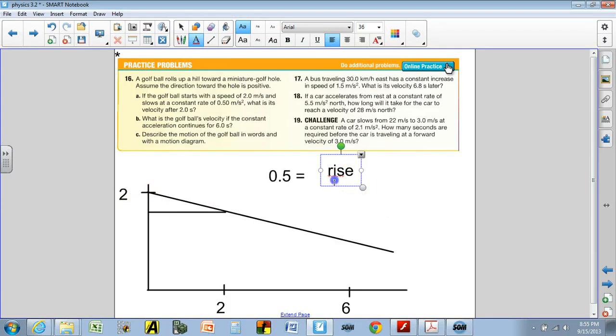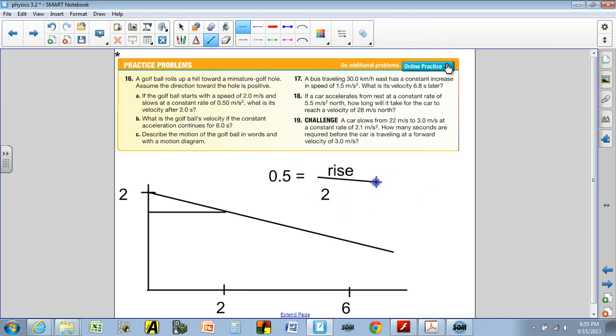And what's the run? We're told the run is 2 seconds. So we got rise over run after 2 seconds.